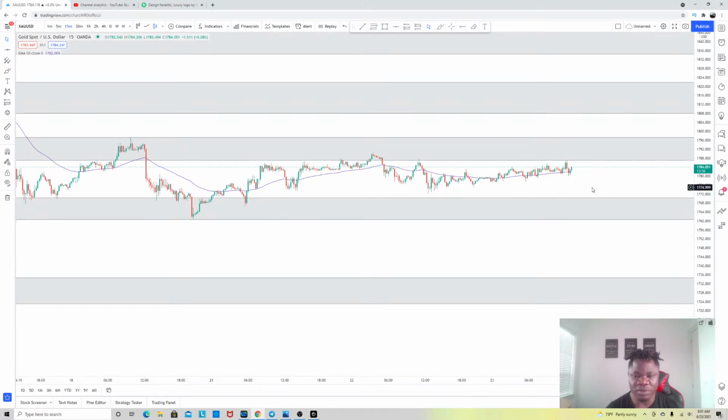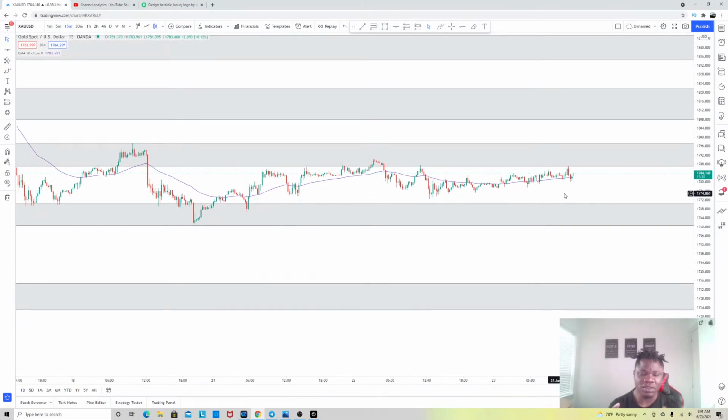Looking at gold here on the 15-minute time frame, I kind of know where gold is heading towards, but at the same time, I might be wrong.